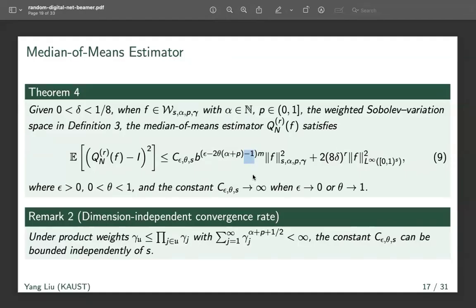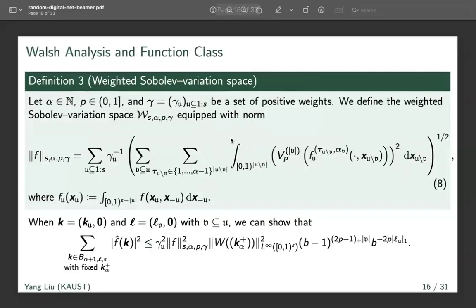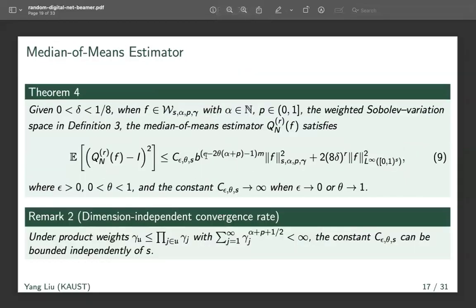Theta and epsilon are related to some constants, and we want epsilon to be close to 0, and theta to be close to 1.